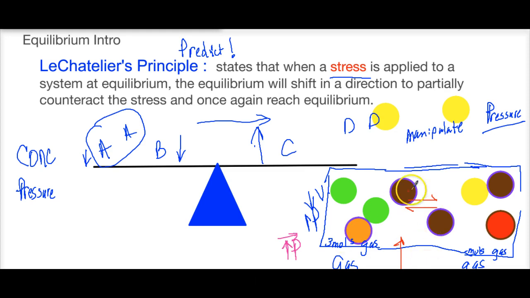Does it increase the overall pressure of the container? Yeah, but that pressure is an individual thing. So the pressure of one gas is not affecting the pressure of another gas. Those are individual measurements.